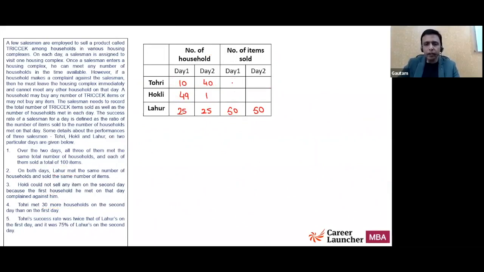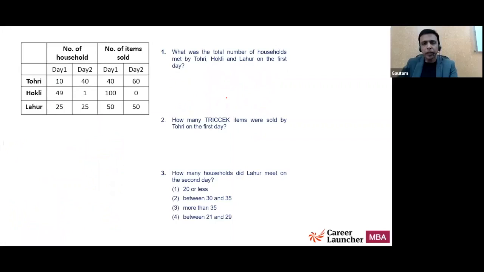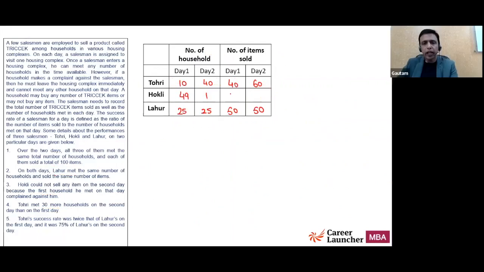If y is 40, this would be 40 and this would be 60. Hockley was already figured out, 100 and 0. So this would be the final table in terms of the number of households visited by Tory, Hockley and Lahore, and the number of items sold by each of them.